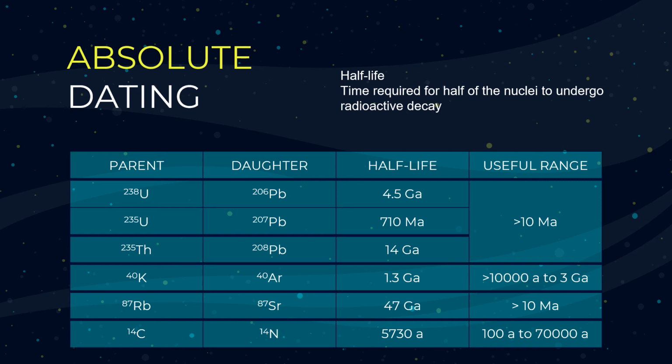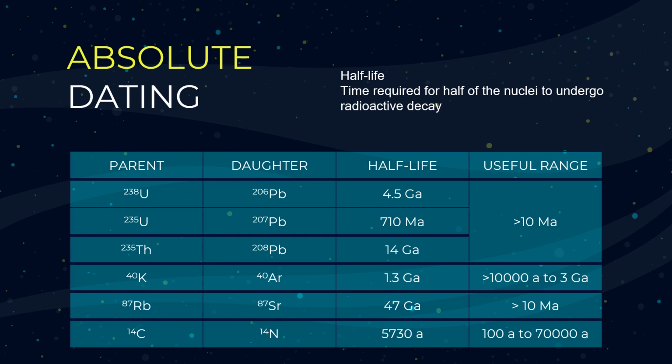So just remember, half-life is the time required for half of the nuclei to undergo radioactive decay. And this is what they use to tell you how old a certain piece of material is, specifically for rocks, fossils, or artifacts. The most common elements used for absolute dating include uranium, thorium, potassium, rubidium, and also carbon.